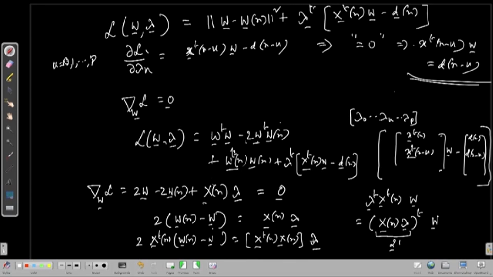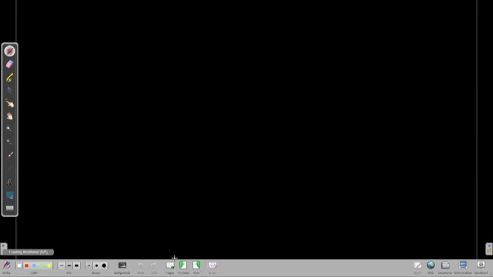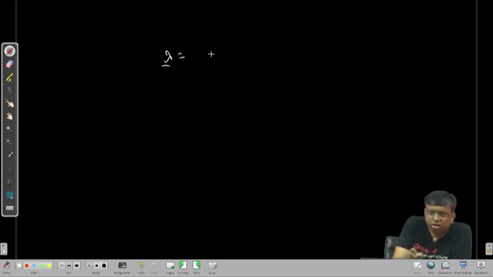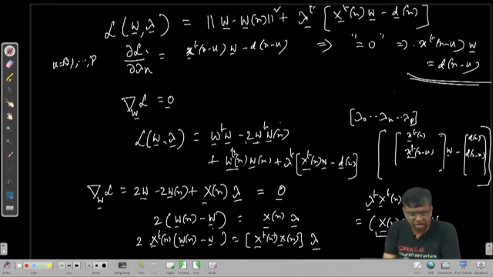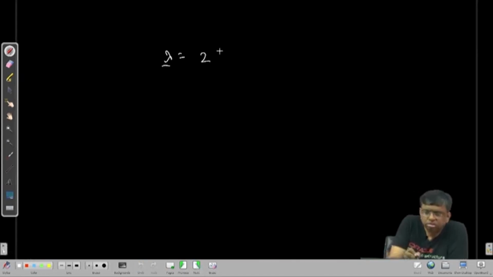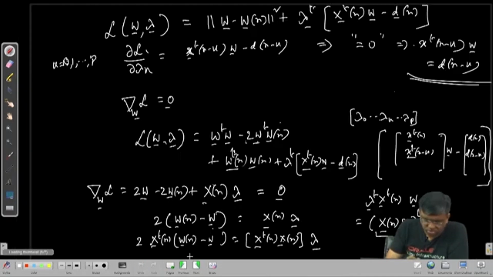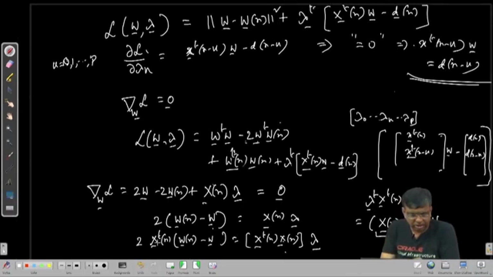I get the lambda vector equal to X transpose n, X transpose X inverse, this inverse, then X transpose n w n minus w.